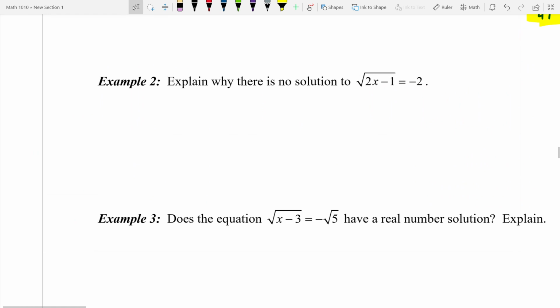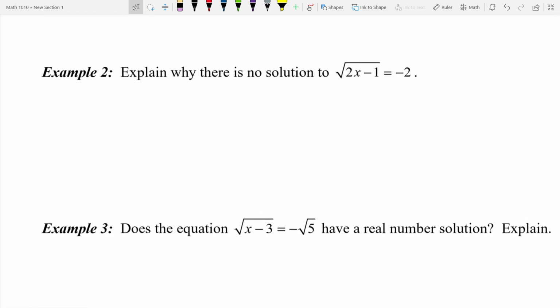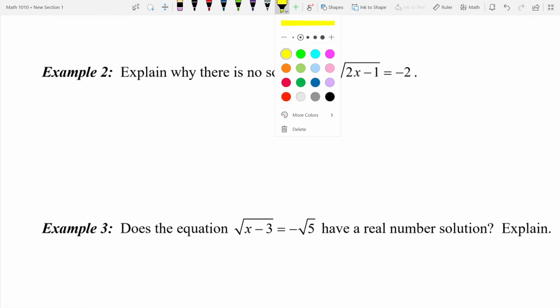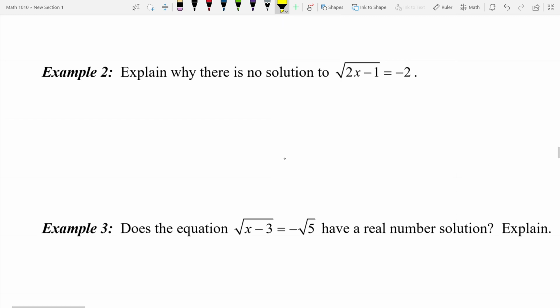Here is number 2. Why is there no solution? Once again, we have an even root with no negative sitting in front equaling a negative number.